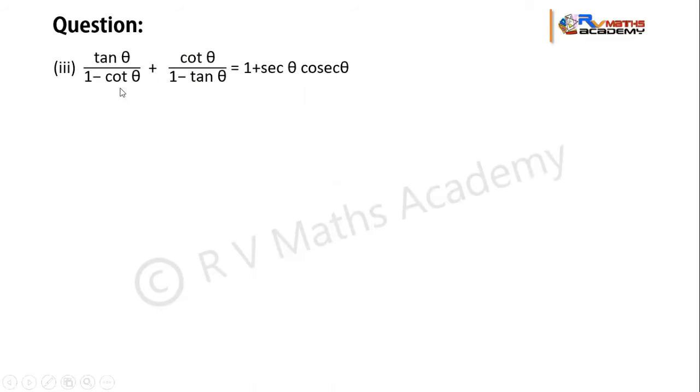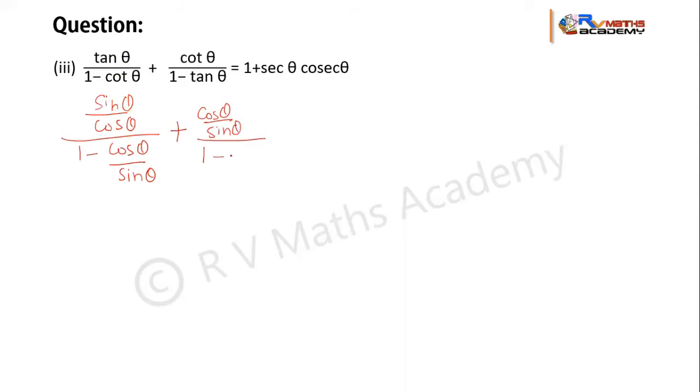First we write the formula of tan theta, that is sine theta upon cos theta, and this is 1 minus cos theta upon sine theta, because cot theta is cos theta upon sine theta. So C for cot and C for cos. Remember, in cot, cos will come in the numerator, and in tan, sine will come in the numerator. So cot theta is equal to cos theta upon sine theta.